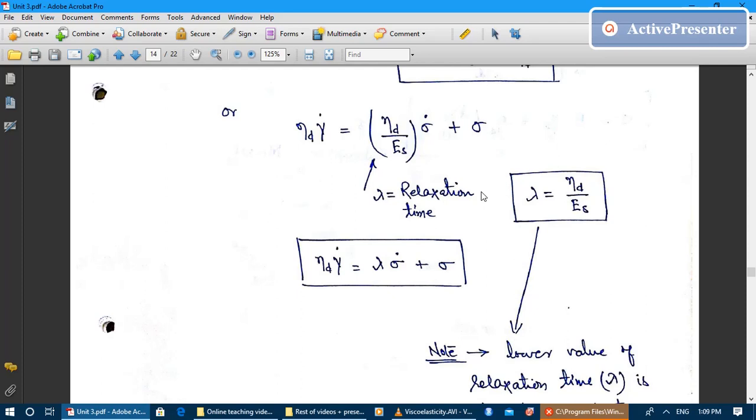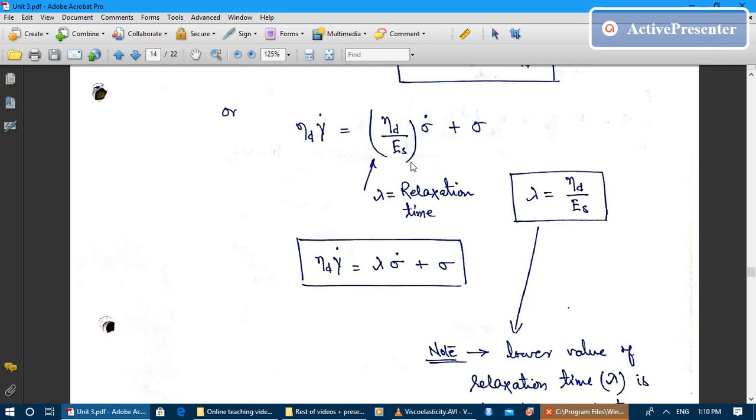So if the relaxation time is less, that means we can produce plastic or polymeric parts very quickly. If relaxation time is more, then we have to keep the polymer inside the mold for a longer duration, above the relaxation time, so that it accepts the new form or the new change in its geometry. I hope it's clear. So in polymer processing we are always looking for a lower value of relaxation time.